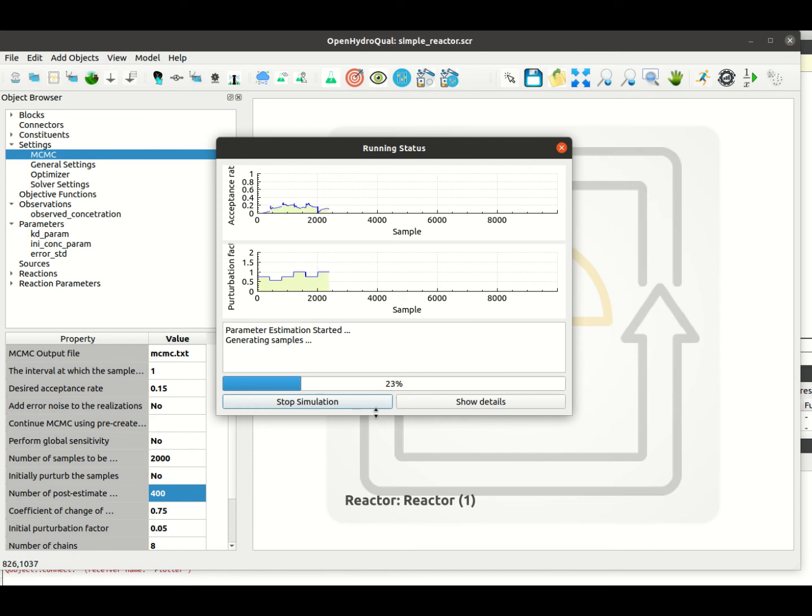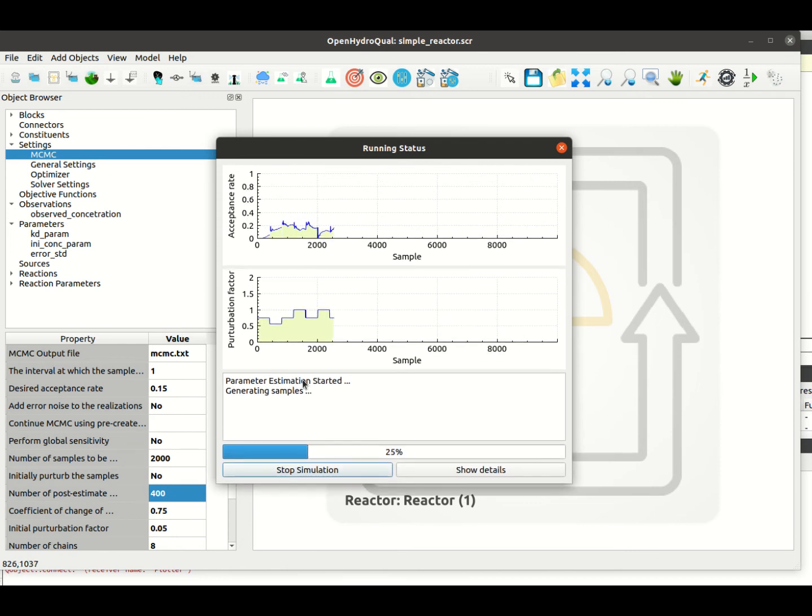In the meantime, let me explain the graphs that you're seeing. The top panel shows our acceptance rate. This is the percentage of samples that are being accepted. And the desired value, if you remember, we set to be 0.15. Anytime the acceptance rate falls below 0.15, the perturbation factor is decreased, and anytime it goes beyond 0.15, the perturbation factor is increased.